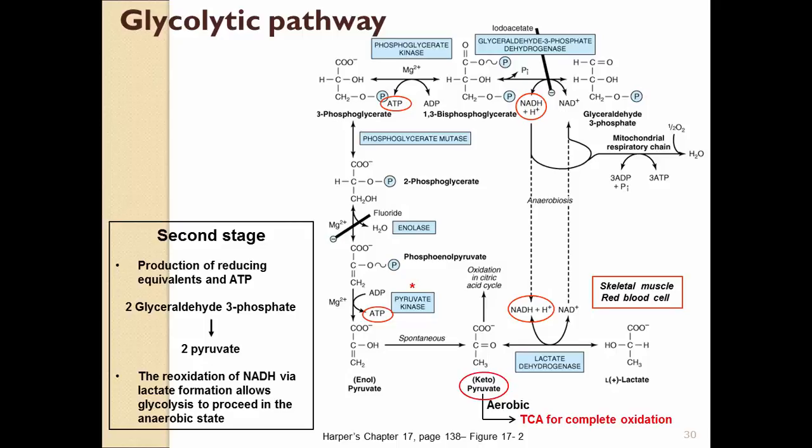For example, in aerobic metabolism conditions, that means that you need oxygen and the cell has mitochondria, the pyruvate can be further metabolized, can enter mitochondria for complete oxidation through the TCA cycle, right? So in aerobic conditions, the final product of glycolysis is pyruvate.